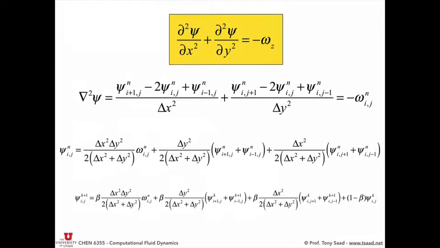You put those equations together, and that gives you a linear system of equations, A times psi, which contains all the unknowns, psi 0 0, psi 1 0, however you want to organize them, equals omega, which is omega 0 0, omega 1 0, etc. Is this clear to you? So most of you know this. Aaron, is this clear? But we're not going to do that here because I don't want to start putting matrices together right now. I want to introduce to you a faster method called successive over relaxation.